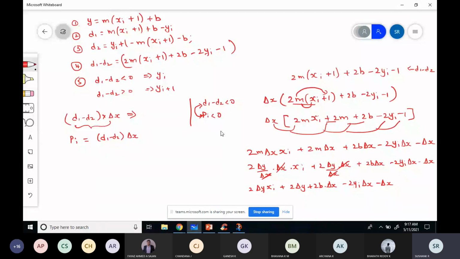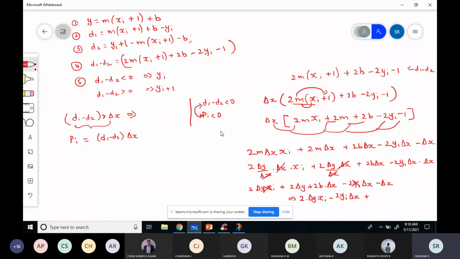Now pi. So now I'll rearrange this equation. If I rearrange this, how I can write: 2 into delta y xi minus 2yi delta x. First I'll take the variables, so these two parts I've written. I'm just rearranging the equation.